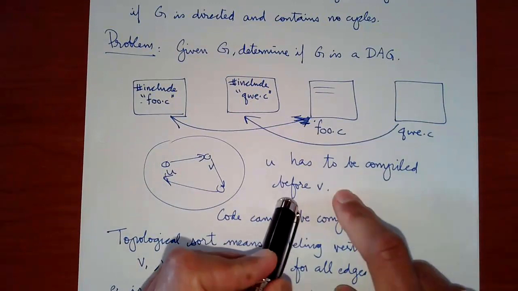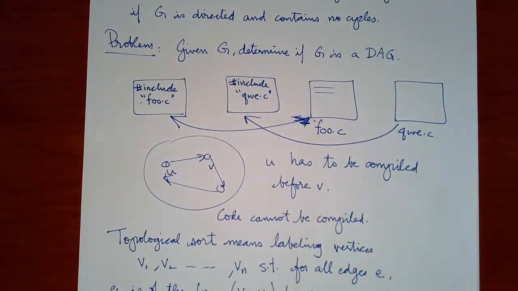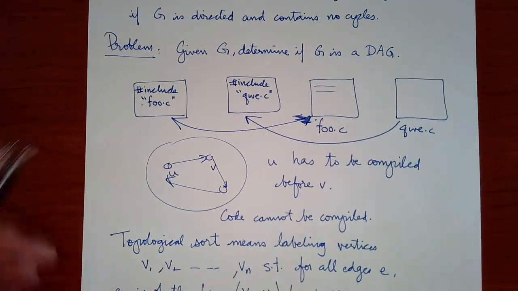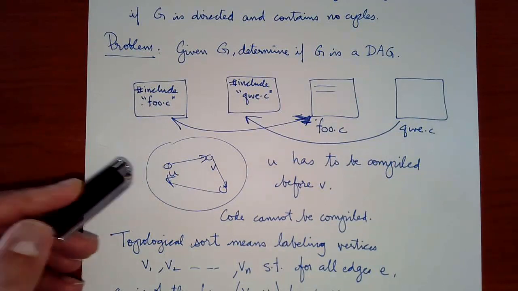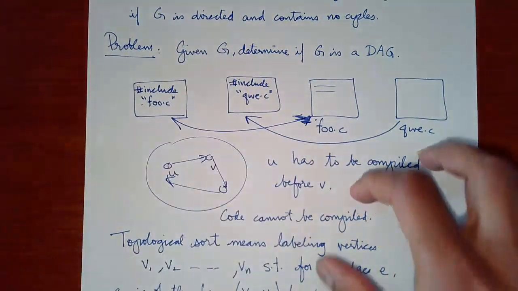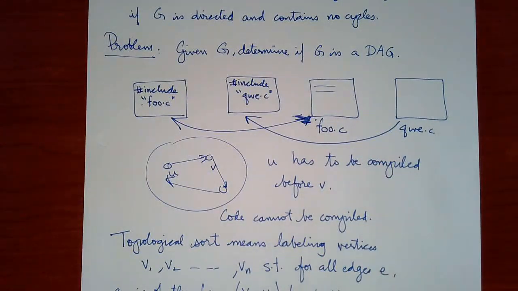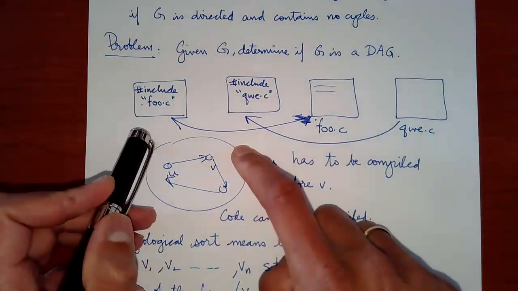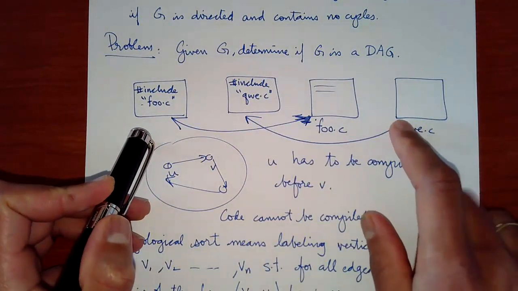A dependency graph should not have cycles, because if it has cycles, then the code cannot be compiled. Often if you write code of this form and you run a utility like make, it will say there's a cycle in the dependency graph. So the first question, problem one can ask is, given a graph, determine if it's a DAG. Now suppose it is a DAG, then what we would like is an order of compilation.